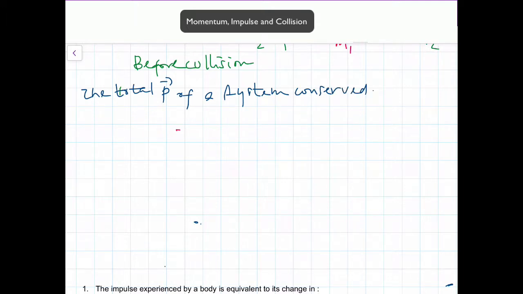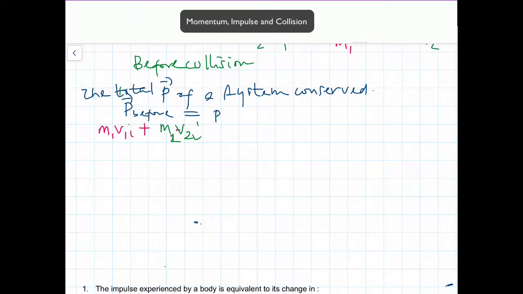For instance, in the previous case, let's say you have mass one which has an initial velocity. That's before. And then you have the second ball, which is mass 2 with V2 initial. So this is the momentum before collision, and then you have another one after collision.